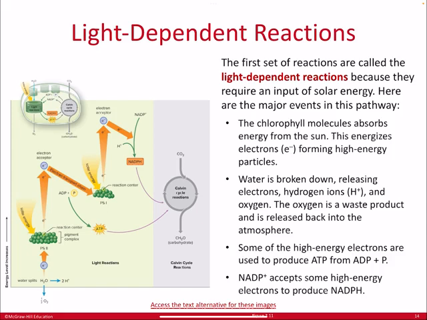And here's what happens. So inside these little thylakoids here, we have something called chlorophyll pigment. And a pigment is something that will absorb energy from the sun. So chlorophyll molecules absorb energy from the sun. We know that the sun is energetic. If you wear a dark shirt on a sunny day, then you can feel that heat.